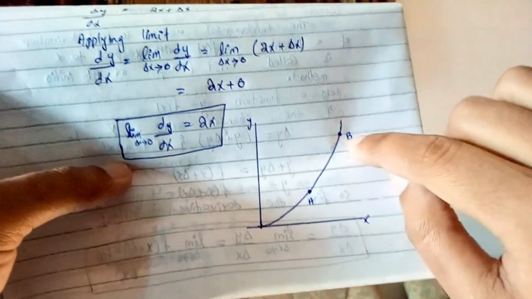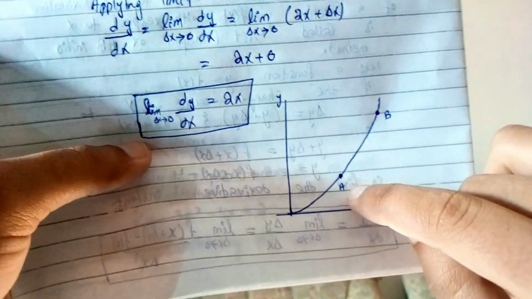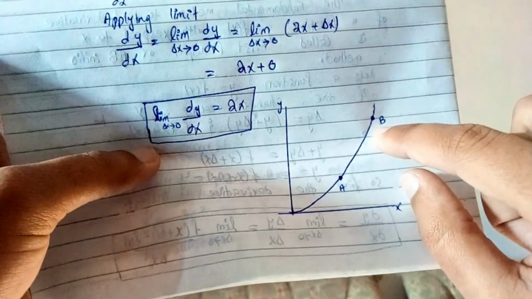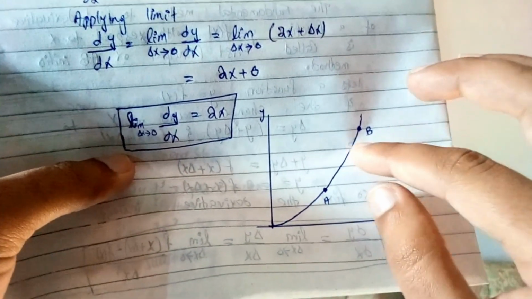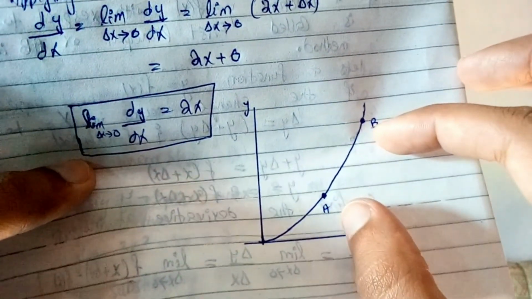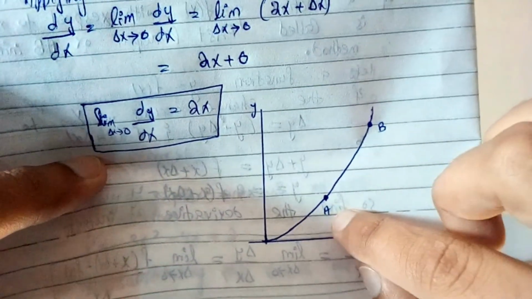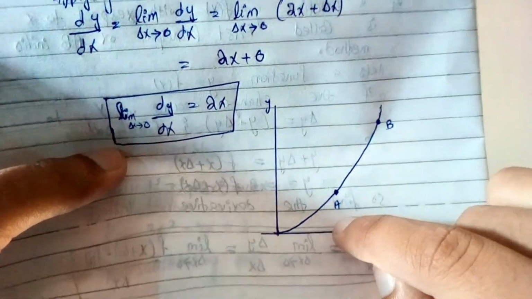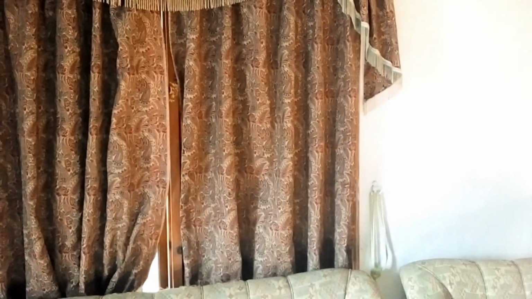If we want to find the rate of change at point A, we have to apply the condition that delta x approaches 0. Then we can find exactly at an instant the rate of change at point A. So this is the concept of the ab initio method, sir.